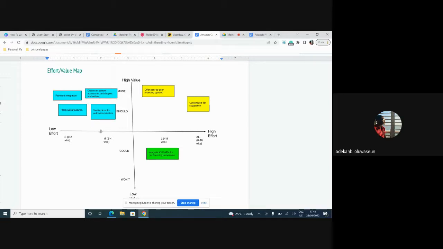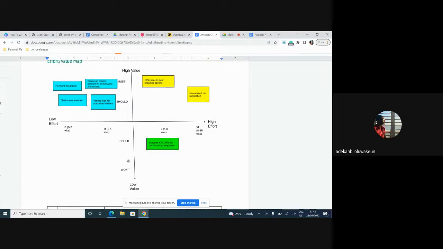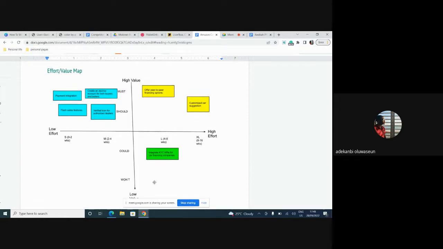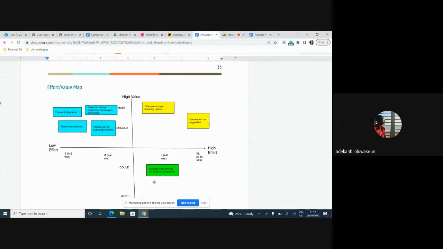On this other side, at the bottom, it will take low effort but return the lowest value to the customer. On this last quadrant, it will require high effort and return low value to the customer. So this is what the quadrant does.